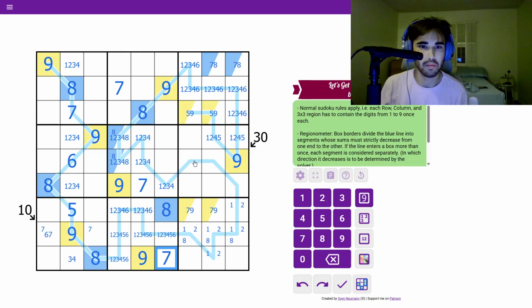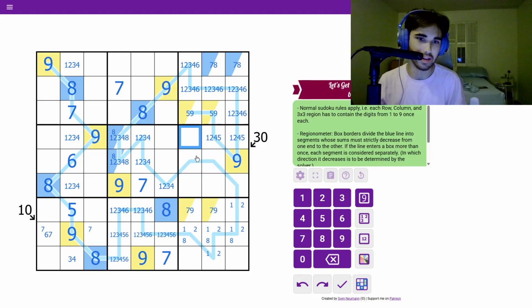Do I have to think about this line now? This is 2019, and I can't put 9 on it anymore. 7 is in one of 3 places. 8 is in one of 3 places. No, I actually do have to consider that, that's very important.